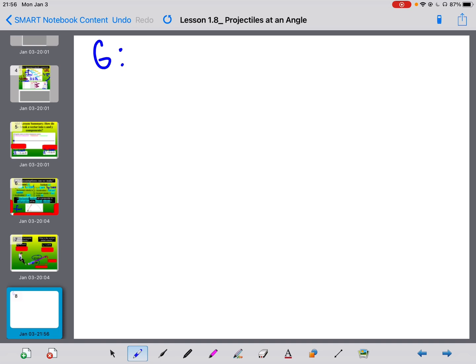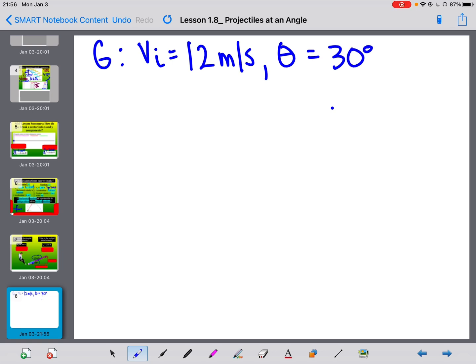So my givens: Vi equals 12 meters per second, theta equals 30 degrees. The unknowns that we want to know are Vxi and Vyi. We don't know what those are.